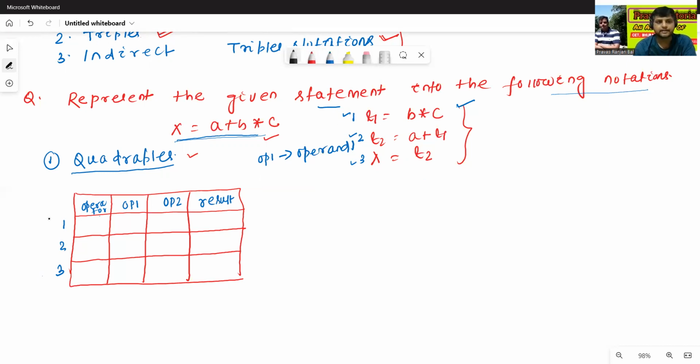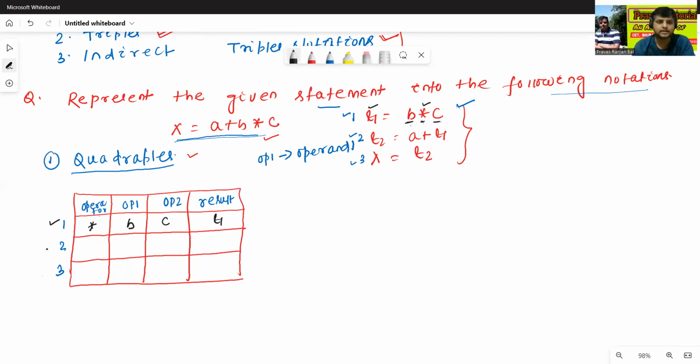In the first statement, the operator is star. Simply write star. Then operand 1 is B. Then the second operand is C. The result will store B star C in T1, so we'll write T1 as the result.